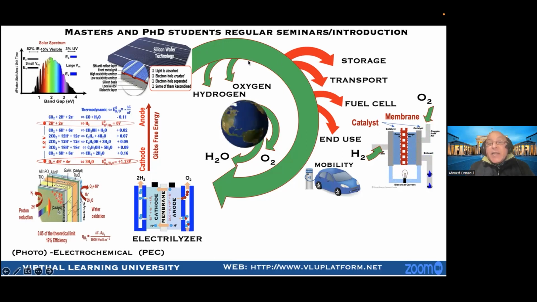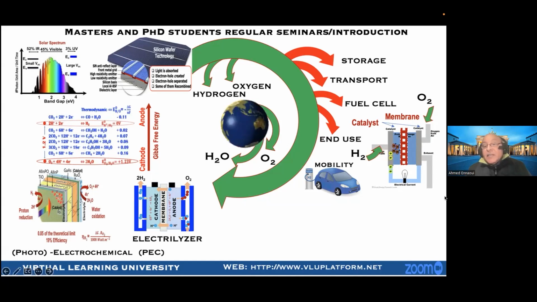And today we suppose that we produce hydrogen, and we need to store this hydrogen. We need also to transport the hydrogen from one country to the other, or from one place to another.